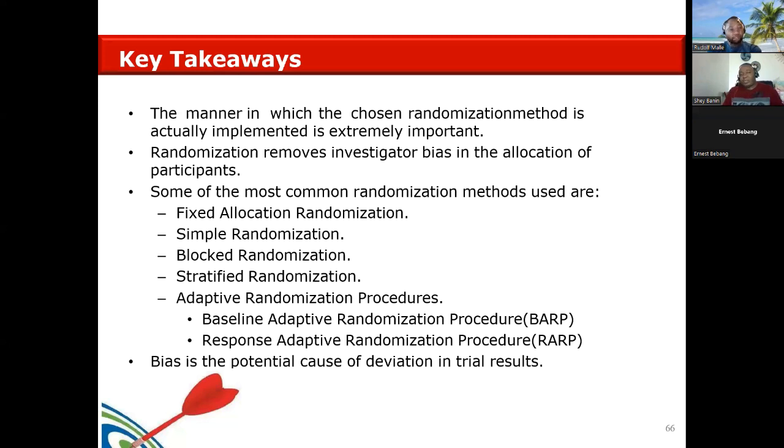But in most cases, the DSMB do not actually participate. The DSMB work for the sponsor. They are not at the level of the site. They are the sponsor's group, so the sponsor's group will become aware of the drug and of what's happening at the level of the site.